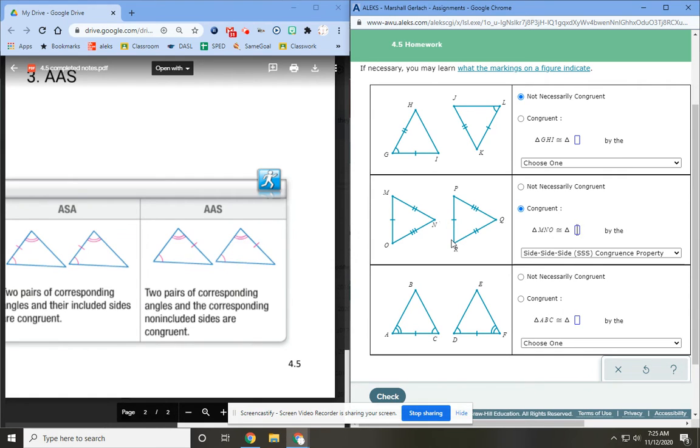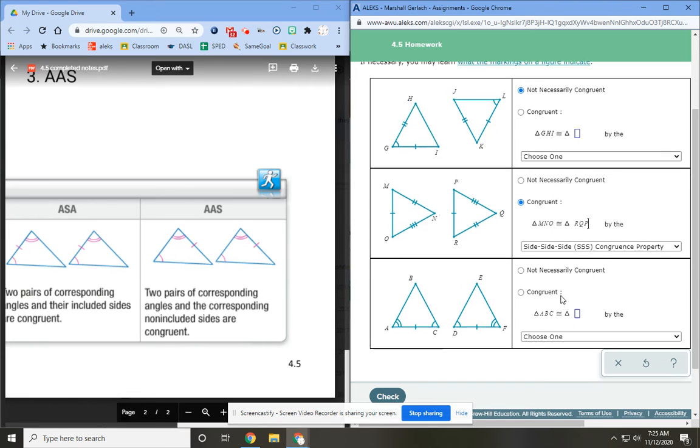So we need to look for that angle that has side 1 and side 2, which would be R. So we'd put R. And then we're going to go down side 2, which is Q. And then, as you see, N goes to O and Q goes to P. It's very important that you make sure you have the corresponding angles, or the congruent statement will not be correct.